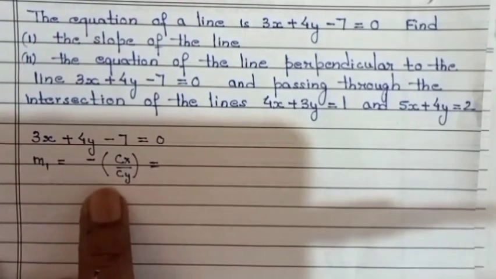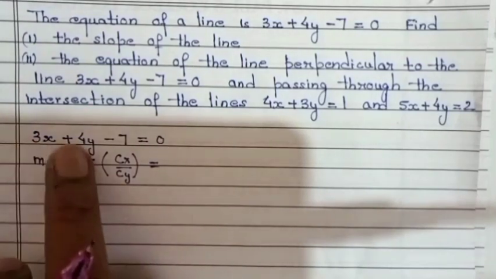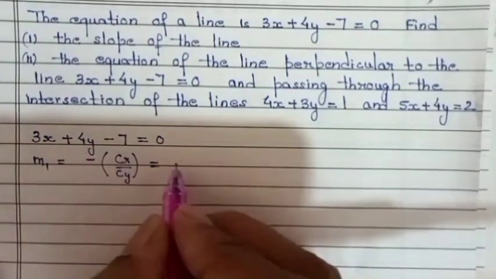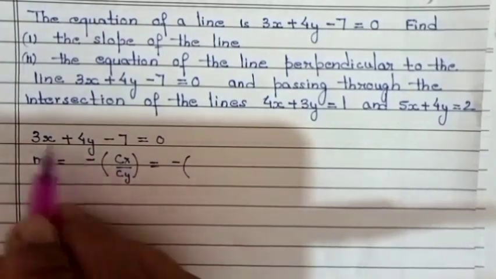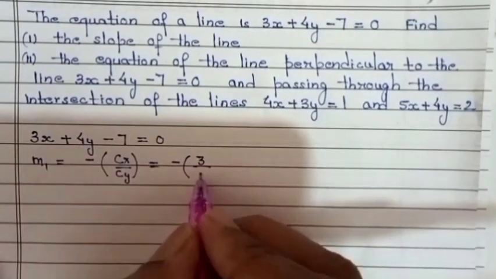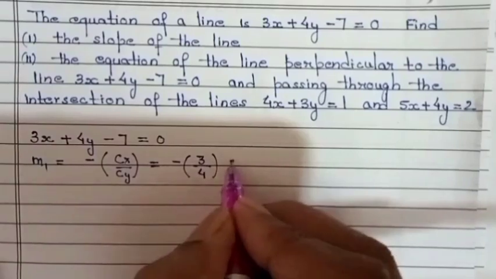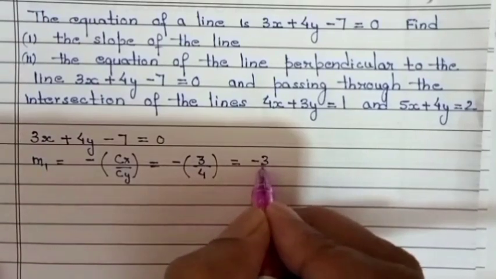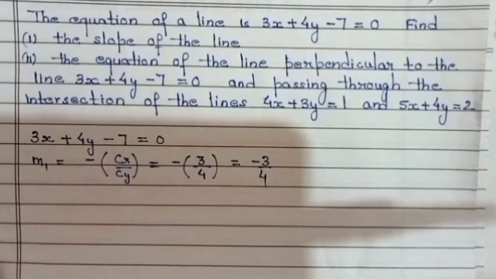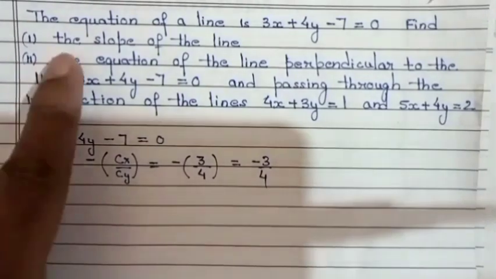But remember, while using this formula, make sure terms containing x and y both are on one side. So negative coefficient of x over here is 3, coefficient of y is 4. So we are getting slope as minus 3 upon 4. So we have got slope. This was the first part.